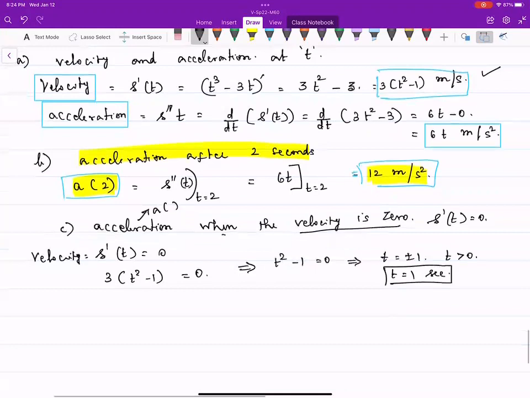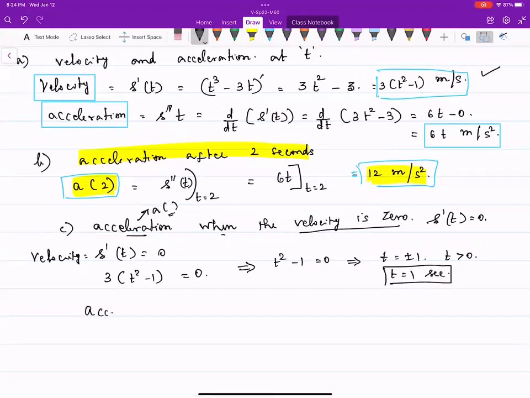So that means we are asked to find the acceleration at a specific time. So acceleration at t equal to 1 second is what we need to find, which we write as a at 1.